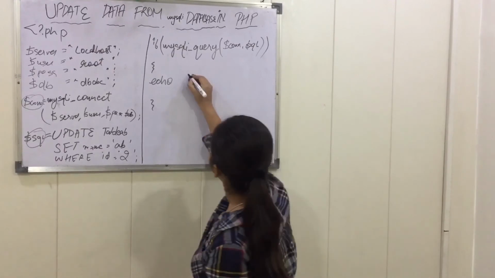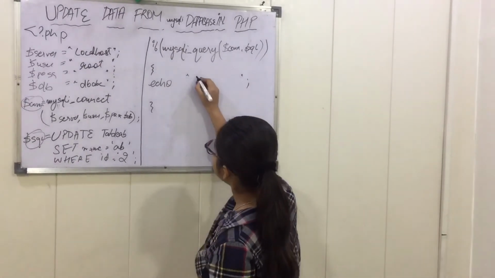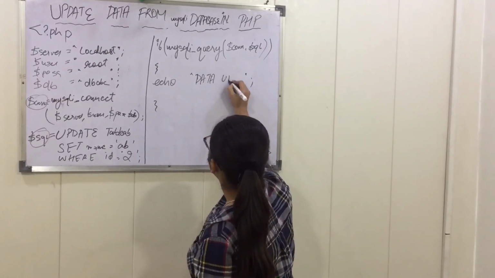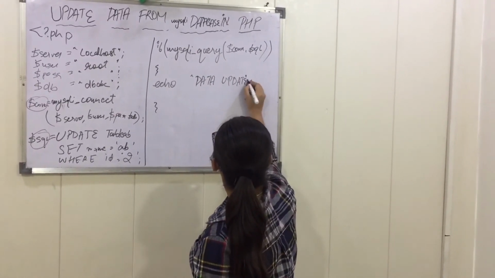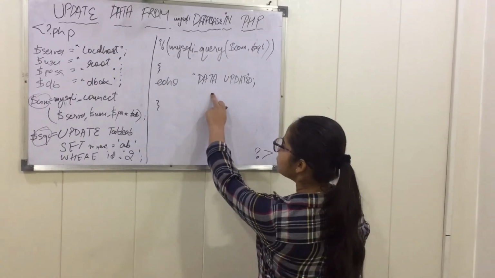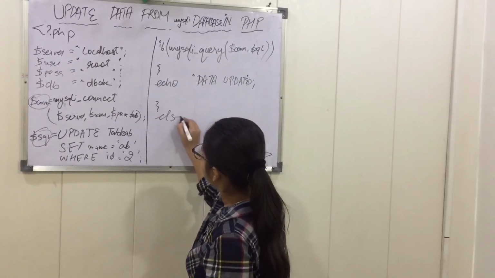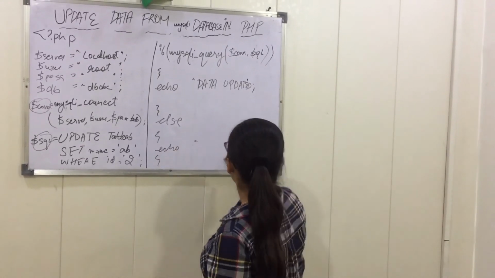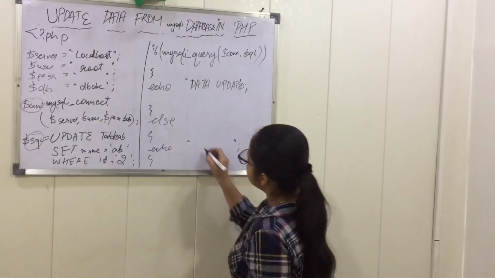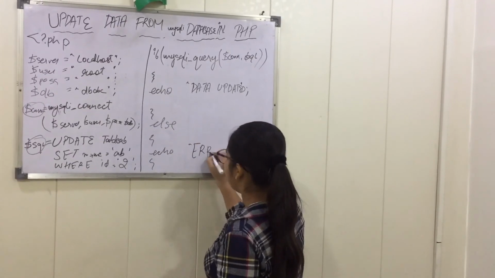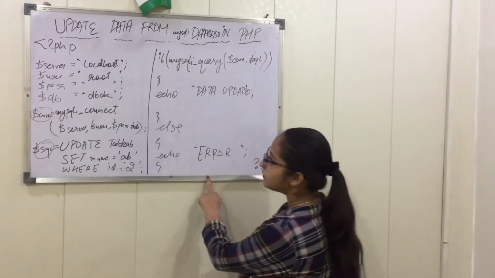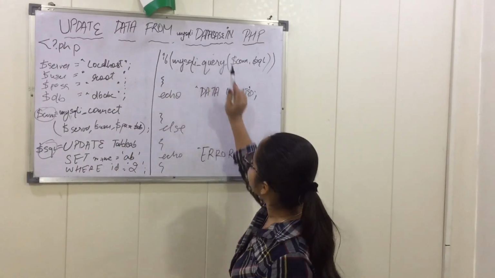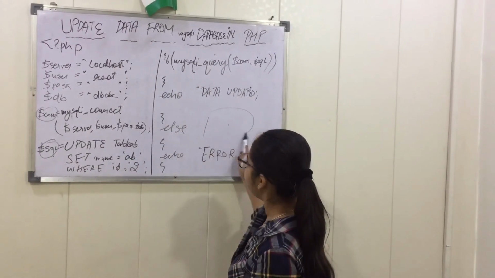In echo, I want my message to be printed, that is data updated. After that, if my data has not been updated, then the else statement, curly braces start and end. In between this, echo: if I have done any wrong coding, it should be displayed as error. So in this way, we can use the update mysqli command in the database to update data in PHP.